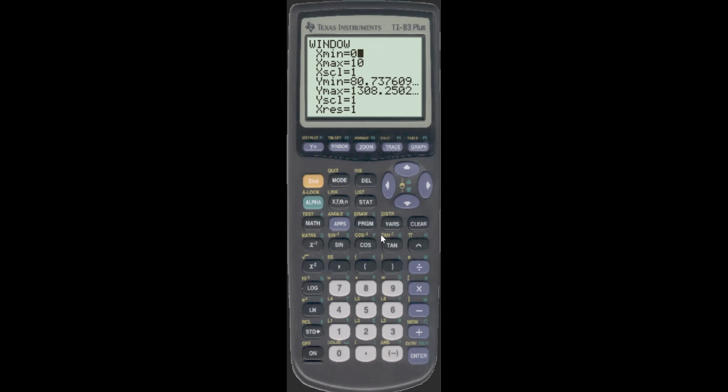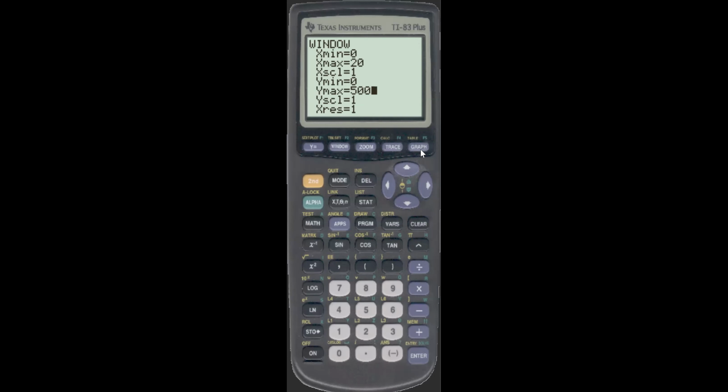We're going to go 0 to 20. I'm just sort of arbitrarily picking these. And then for Y, we'll go 0 to 500. Make sure you don't change your X scale and Y scale for the moment. Whenever you have these in, let me know and we'll hit the graph button.